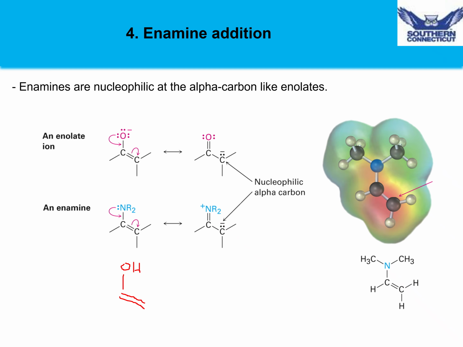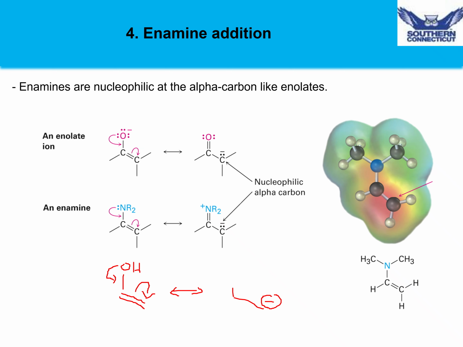Enols, as we've seen in the past as well, are nucleophilic at the alpha carbon. So we could draw another resonance structure similar to what we did with enamines, which has a negative charge on this alpha carbon.